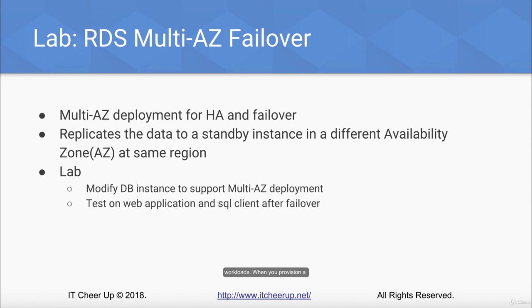When you provision a multi-AZ DB instance, RDS automatically creates a primary DB instance and synchronously replicates the data to a standby instance in a different availability zone. In this lab, we will modify DB instance to support multi-AZ deployment and simulate a failover on DB from one AZ to another AZ.